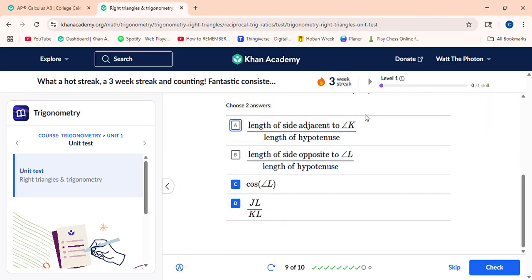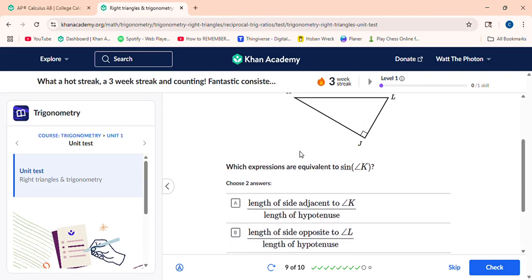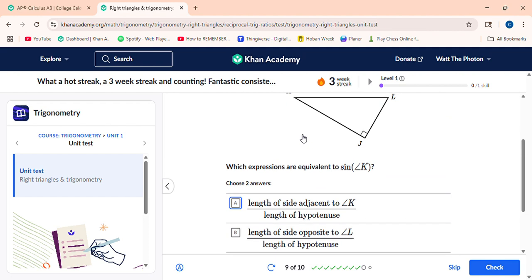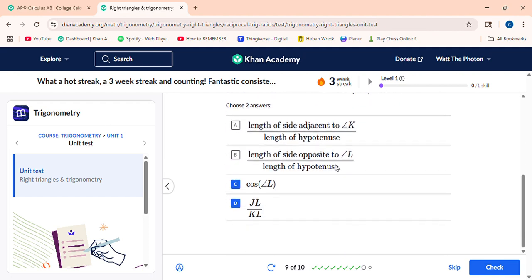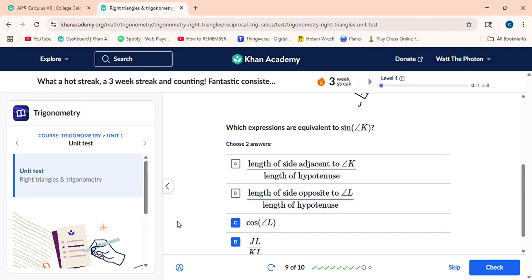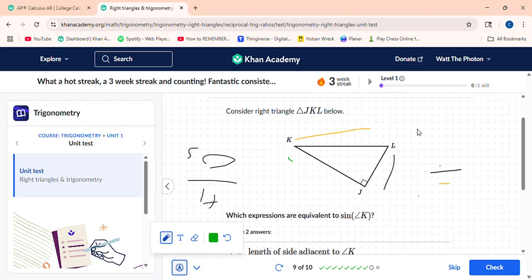These two are talking about the same thing. J to L divided by K to L. And then cosine of L is adjacent over hypotenuse.